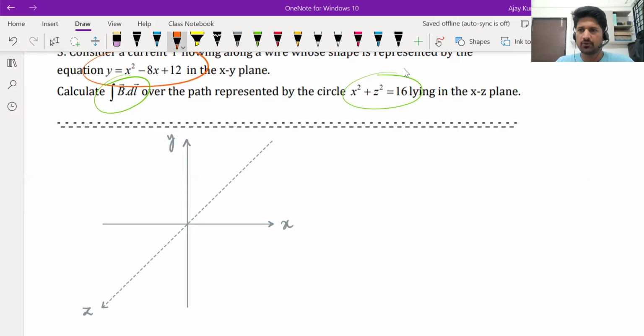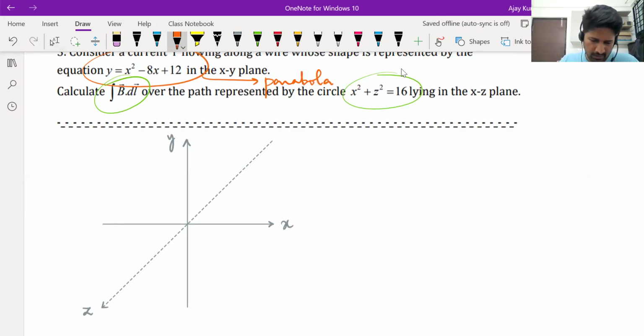Okay, I got one answer for roots as 6 and 2. That is correct. And what is the shape of the wire represented by that equation? It's a quadratic equation, so the shape will be a parabola, right? So the wire is in a parabolic shape in the xy plane.